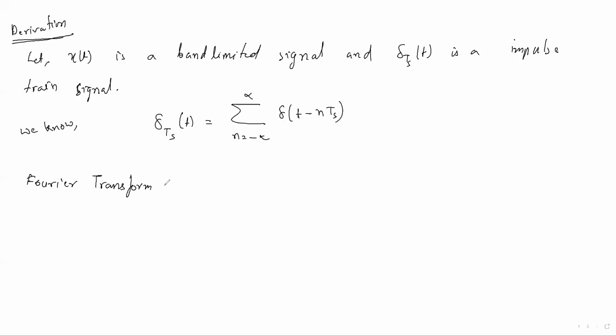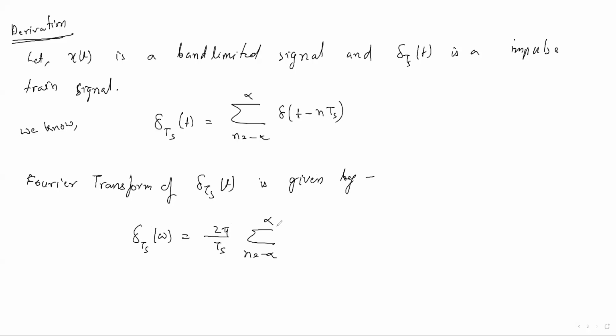Fourier transform of delta Ts(t) is given by delta Ts(omega) equal to 2 pi by Ts summation of n equal to minus infinity to infinity delta(omega minus n omega s).